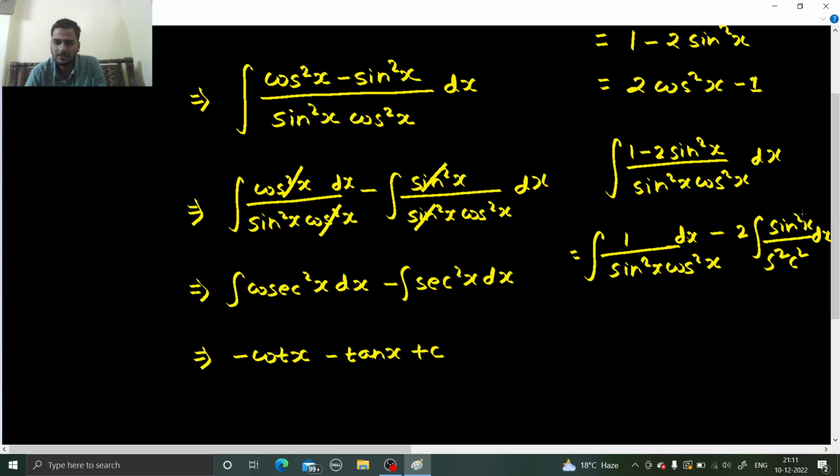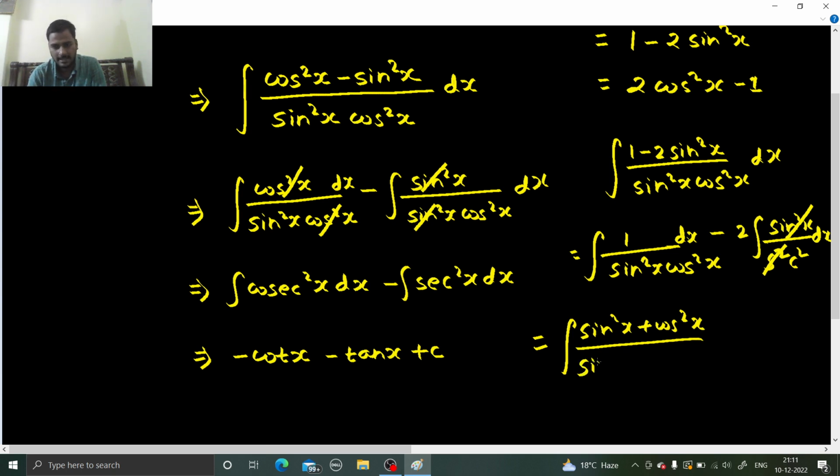Now this sin square x will get cancelled. This we have already solved, but not to remember the result, again we can solve replacing 1 by sin square x plus cos square x. I'm roughly solving it because you already can solve it, it's not basic stuff. One way I have already shown you.